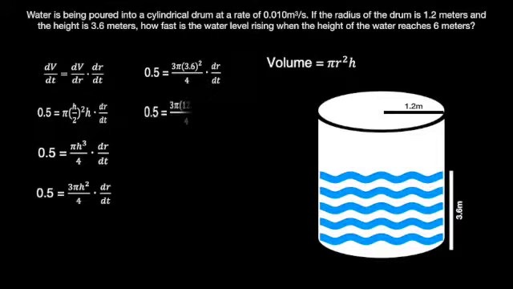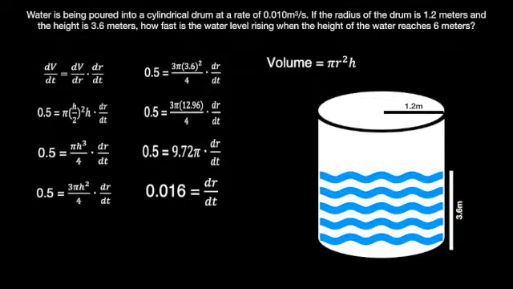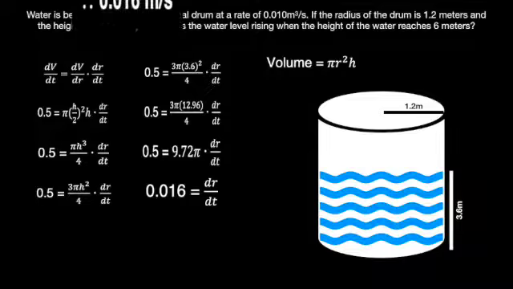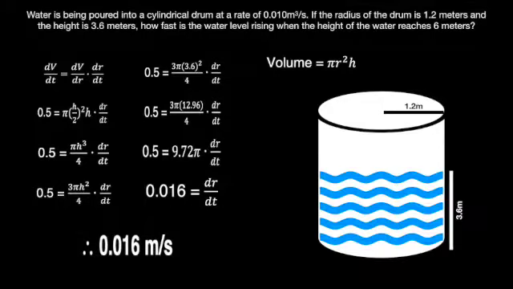We have 0.5 = 3 times the quantity 12.96π/4 times dr/dt. It will be 0.5 = 9.72π dr/dt. It will be 0.016 meter per second equal to dr/dt. With this, we came up with 0.016 meters per second.